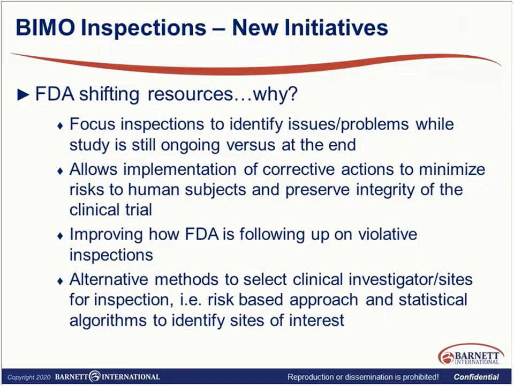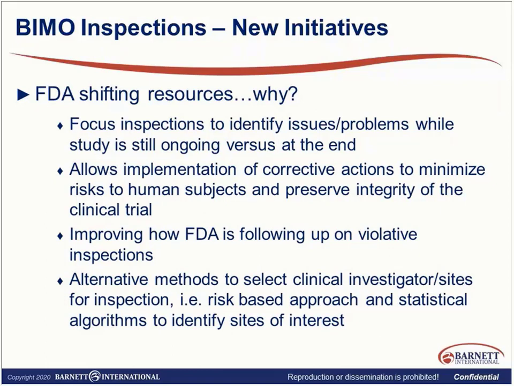Also, it allows the FDA to help with the implementation of a corrective action, so there will not be harm done to those patients that would be enrolled in the clinical trial if they're inspecting during the actual time that the patients are on the clinical trial.